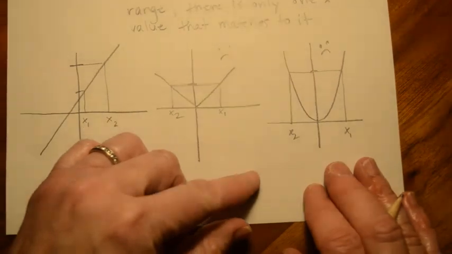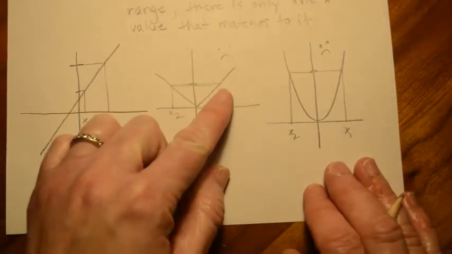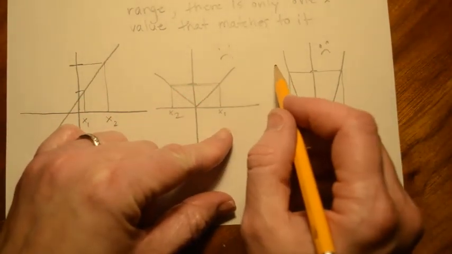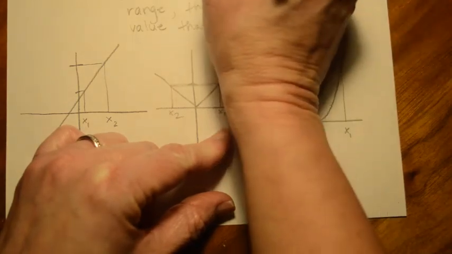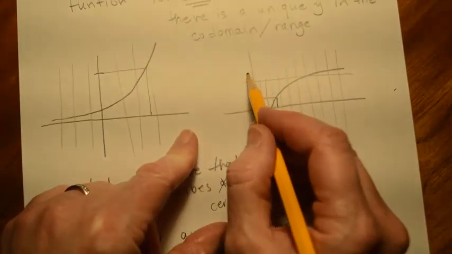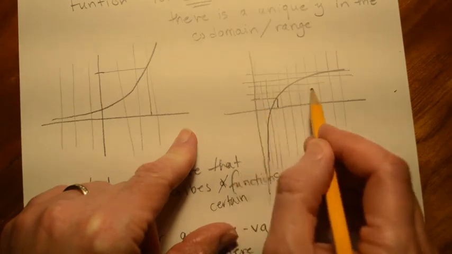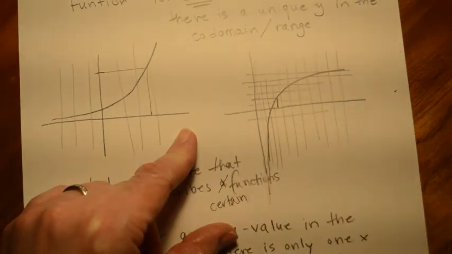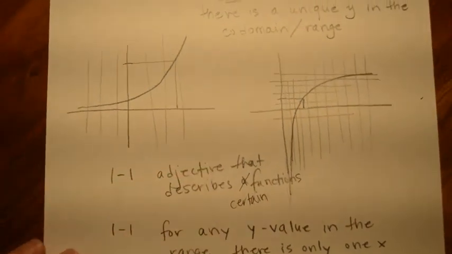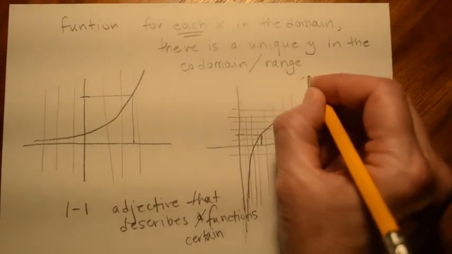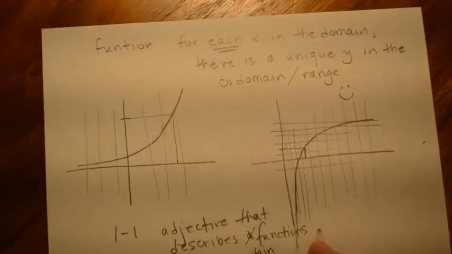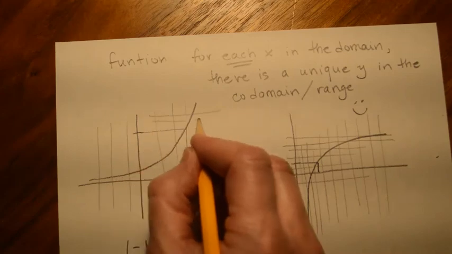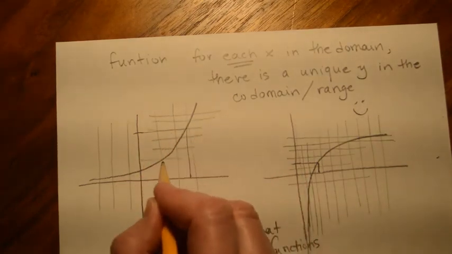There is a test that you can do that will tell you whether a function is one-to-one without having to do a lot of work, and that's called the horizontal line test. If I can draw a horizontal line anywhere through the function, and it only hits once, then it's a one-to-one function. So we can see that with logarithms, they are one-to-one. We can see with exponentials that they are one-to-one.